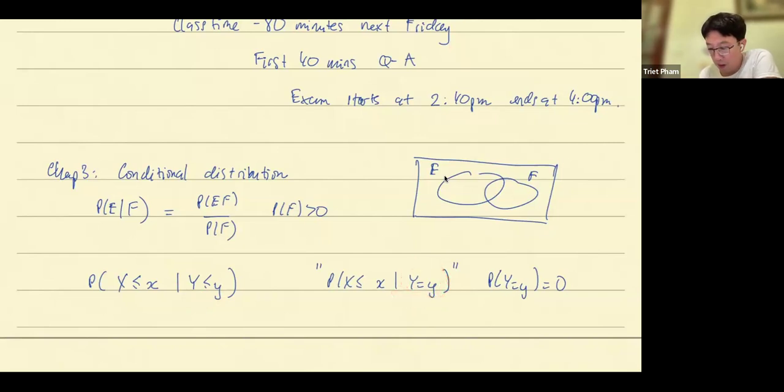In other words, the interpretation is you observed the value of the random variable, and you asked about the distribution of x based on the observed value of y. That's what you're asking.